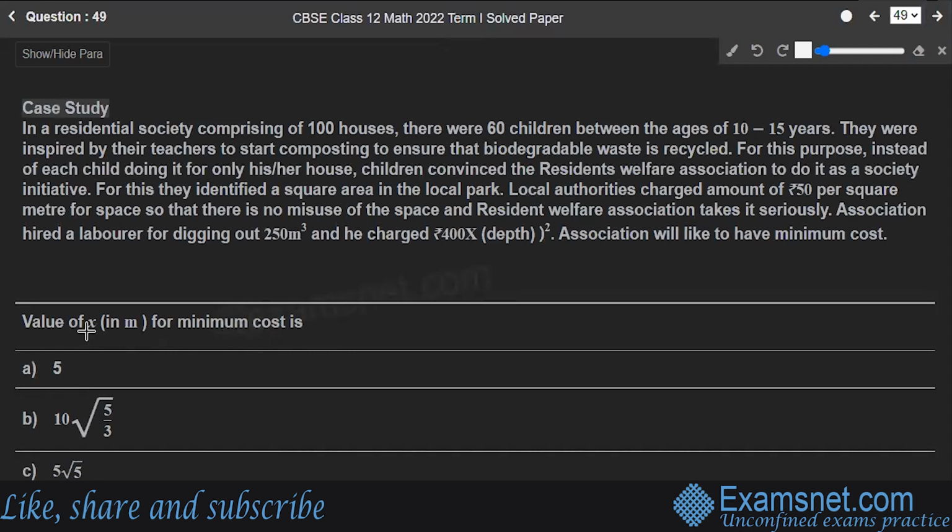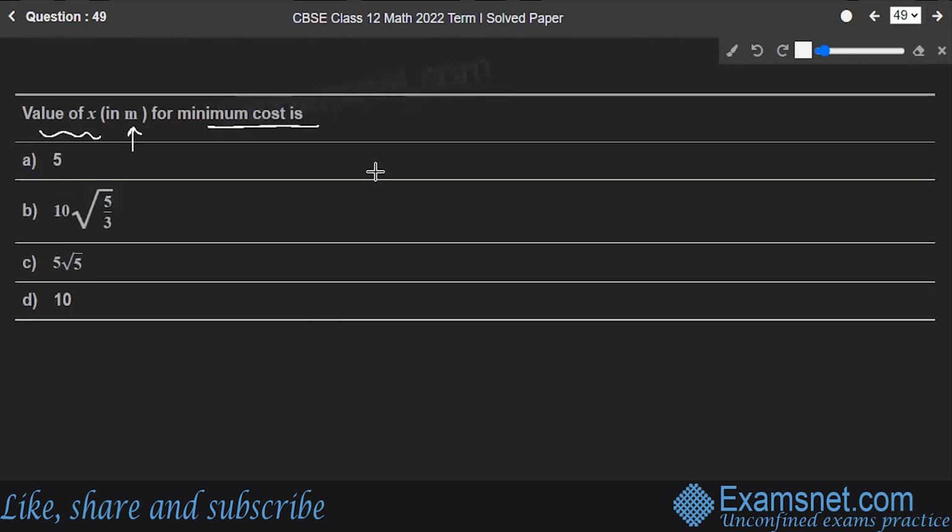Now the same case study, and the question is the value of x in meters for minimum cost. See, when the cost is minimum or maximum, the first derivative of the cost with respect to h will be equal to 0 for minimum cost. Okay. So here, see, what we found out in the last question was h is equal to 2.5 meters, right?